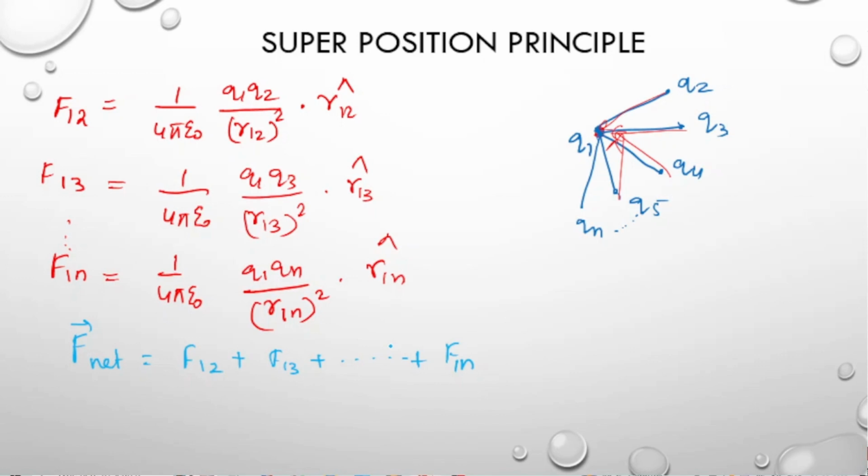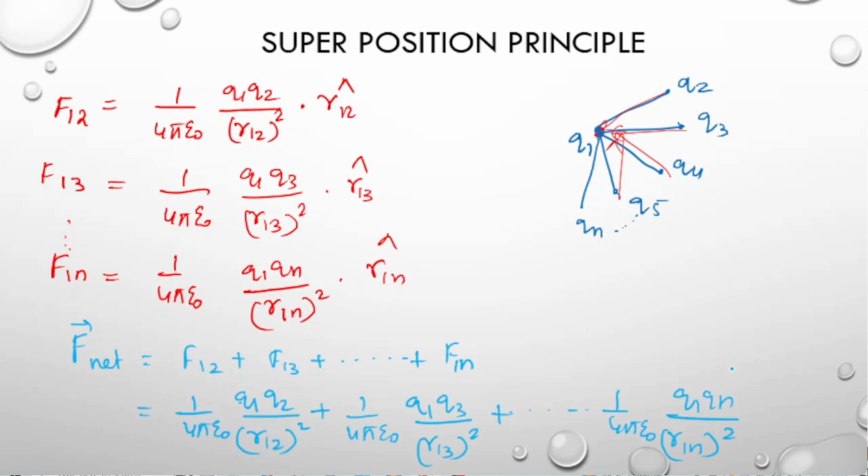That means you add 1 by 4 pi epsilon naught into Q1, Q2 by R12 the whole square plus 1 by 4 pi epsilon naught into Q1, Q3 by R13 the whole square. Like that you have to add till 1 by 4 pi epsilon naught Q1, Qn by R1n the whole square. Like that you have to add for all the values.